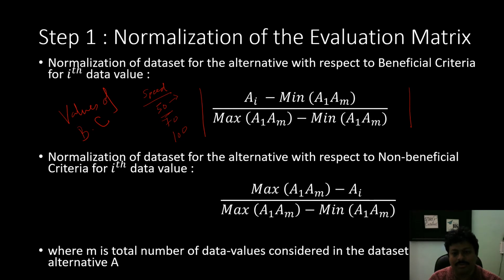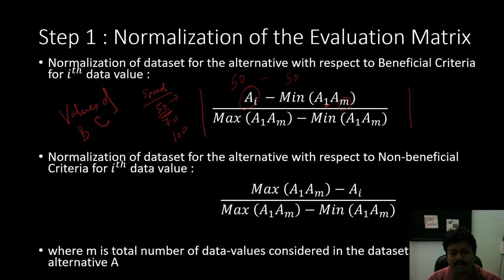Here A i is the value which we want to normalize, so this will be our 50. A1 to Am, where m is the total number of values in the set and 1 is the first value, in this case is 1 to 3. The minimum of these three values is 50.